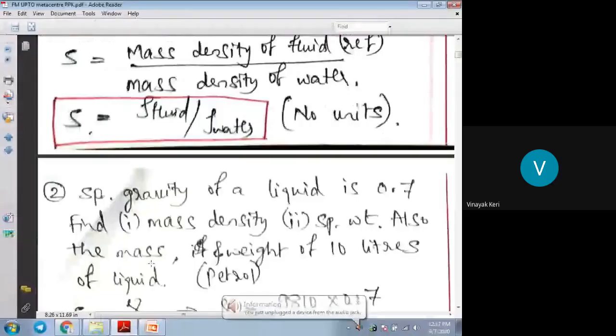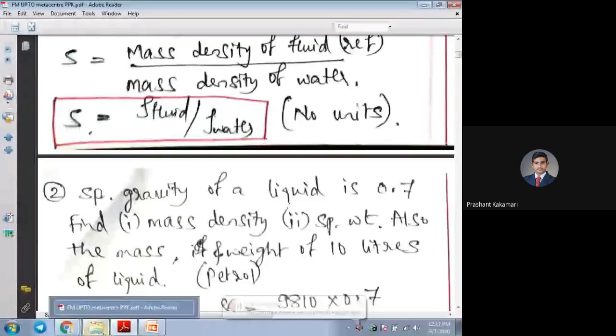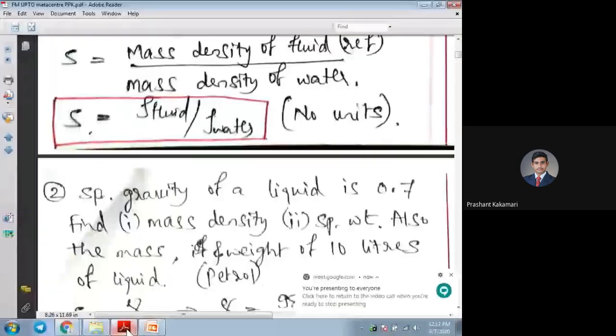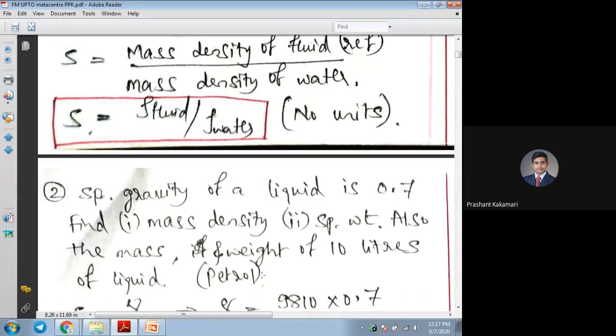Okay, now we take one problem here. All of you note down this problem. I'll just read once again. Specific gravity of a liquid. Now see here, before understanding what is there in the problem, you understand the words. In the problem, they are mentioning specific gravity.